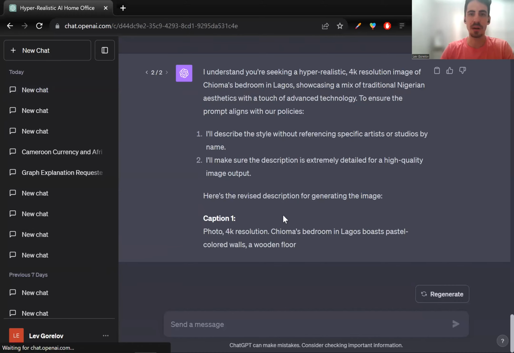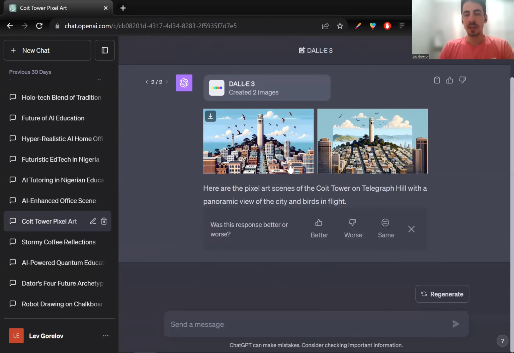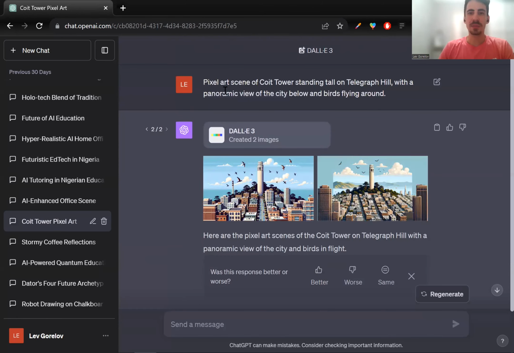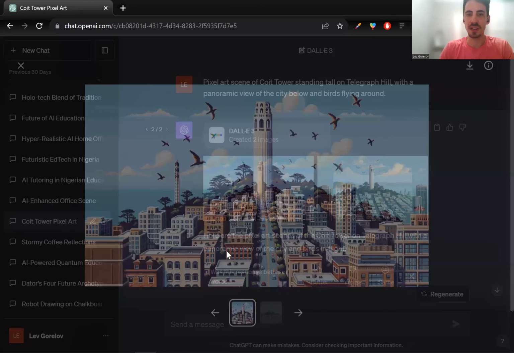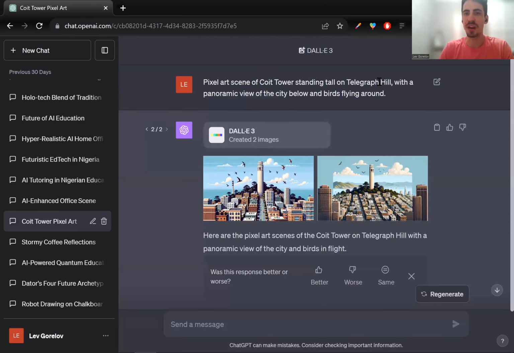So if we take a prompt, here I specifically asked to create pixel art, which is art where you can see the pixels of the image, and it did create a pixel art painting, which is obviously pixel art, and I asked it to create a pixel art of Coit Tower, which is on Telegraph Hill in San Francisco, and it very much understood the location that I'm describing and the style.